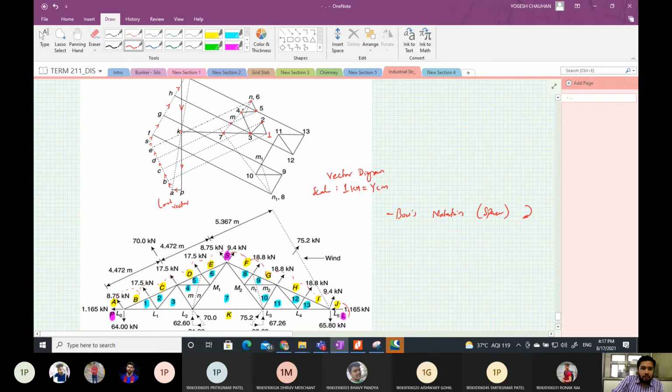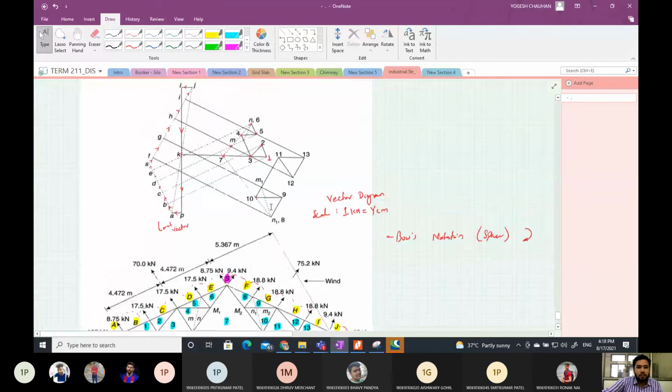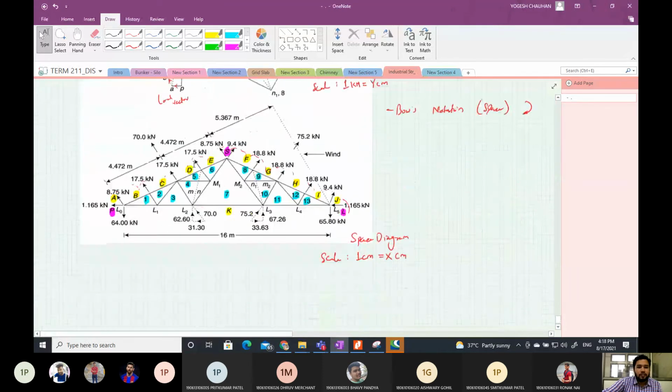Just like point 4, you will have to do some extra, means you have to add some dummy member N1, M2 to get this point 10. And rest you can draw this vector diagram. So this is for the wind load on leeward side.